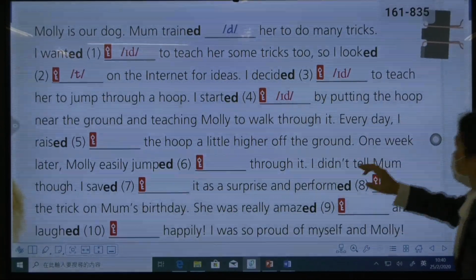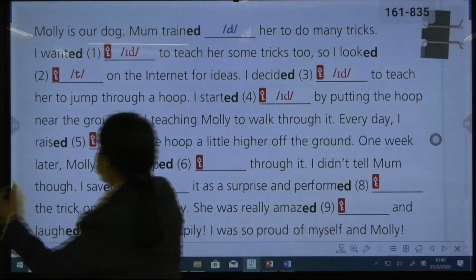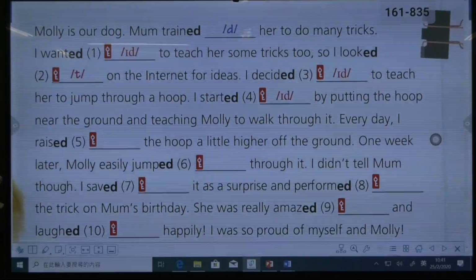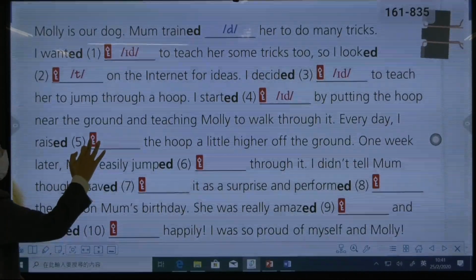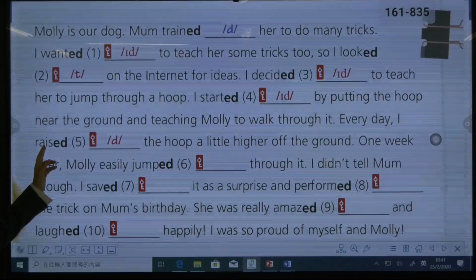And then this one, raise. The original word is raise, E here, the last letter is a vowel, so we pronounce it as /d/: raised.